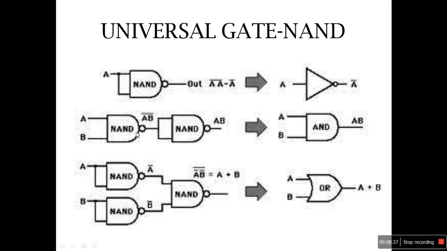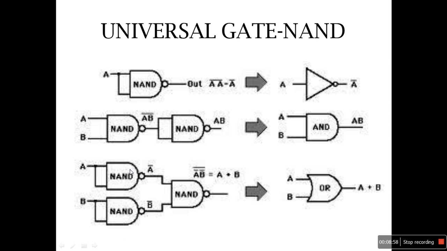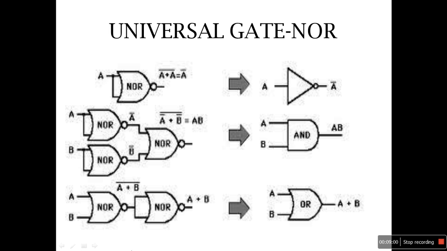In the NAND case, two were connected continuously, whereas in the NOR case, two separate inputs are given as A and B. This A bar and B bar are again passed to a third NOR gate to produce the output AB. In the case of the OR gate, it was connected like this for NAND, but for NOR it is connected continuously to produce the output A plus B.